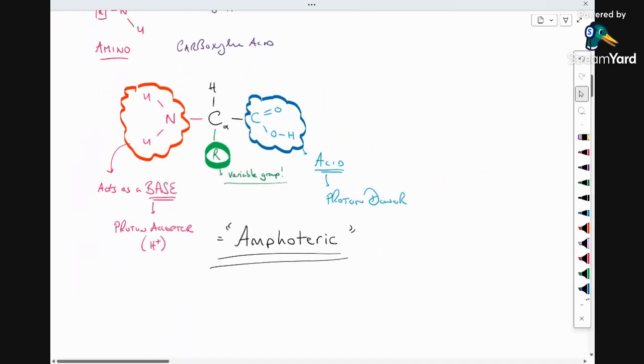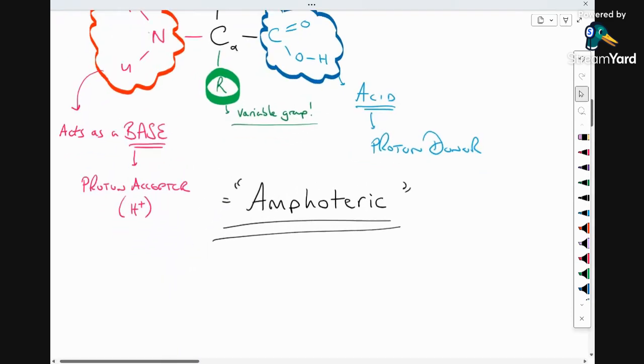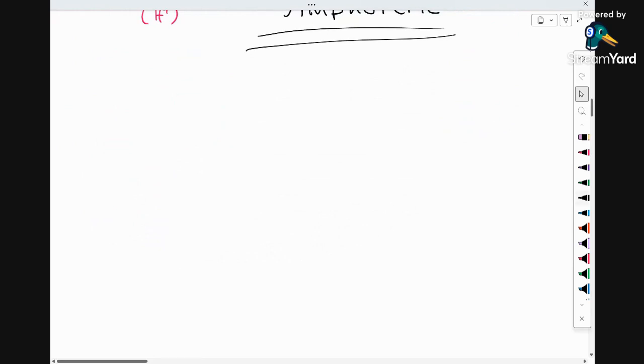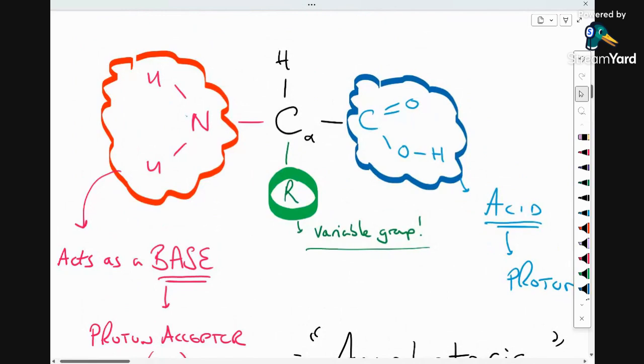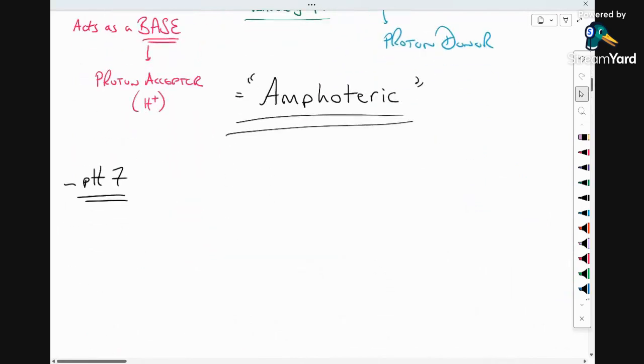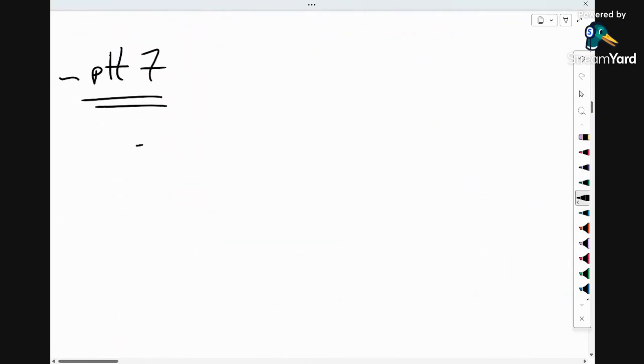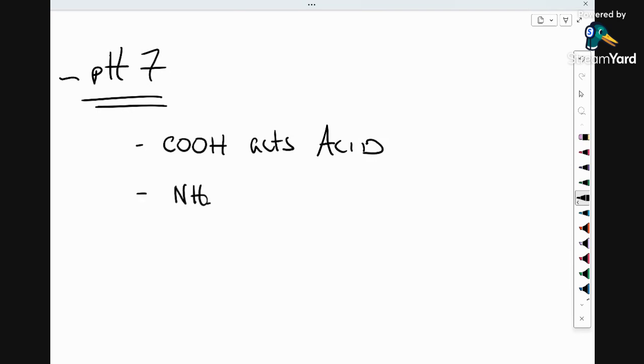So this is important because at about pH 7, physiological pH, what does your amino acid actually look like? It does not actually look like this. At pH 7, our carboxylic acid group acts as an acid, and our amino group acts as a base.